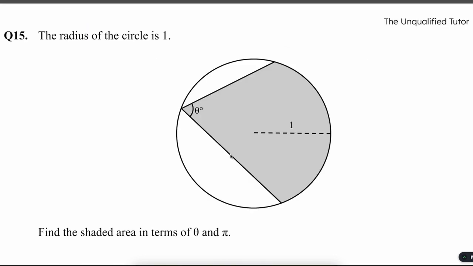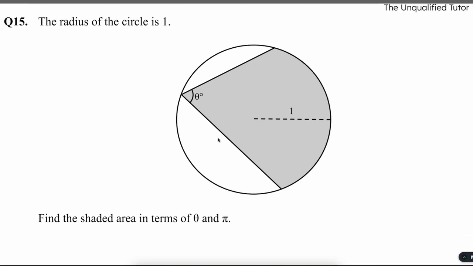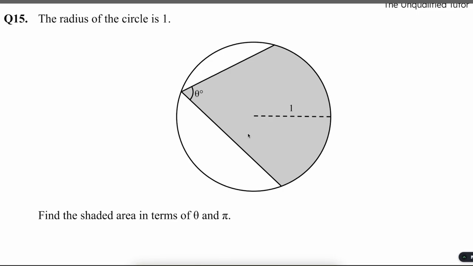The final question, question 15: the radius of the circle is 1. Find the shaded region in terms of theta and pi. Again, you need to think about this not in terms of what you've been taught before, because you won't have been taught this before, but you need to think about it intuitively.